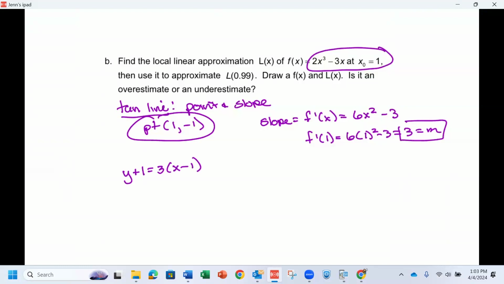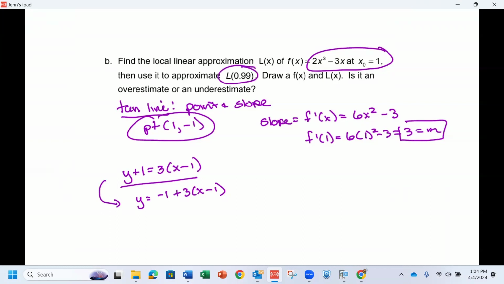So now remember, to find your linearization, you're going to take this equation and solve for y. So I'm going to subtract 1. So y is equal to negative 1 plus 3 times x minus 1. So any questions so far? Now I'm ready to go ahead and approximate.